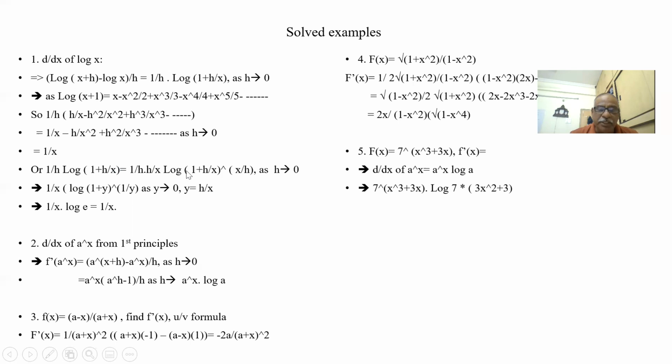So x by h into log of 1 plus h by x. X by h, h by h getting cancelled. So the original term remains. We know log of 1 plus x whole to the power of 1 by x as x tends to 0 is 1. So h is getting cancelled, 1 by x is remaining.